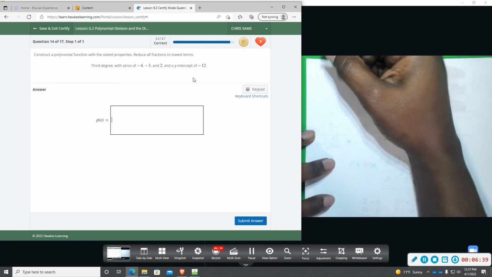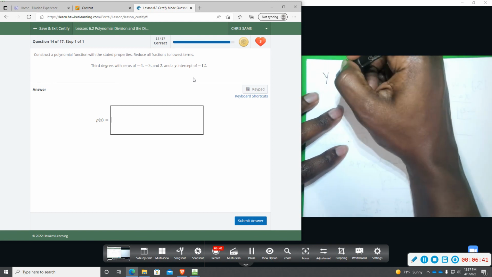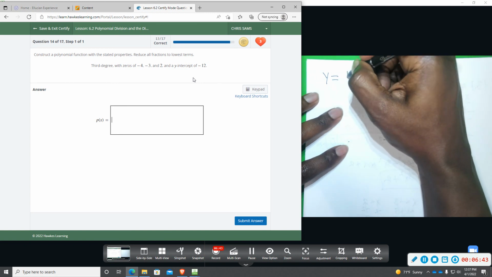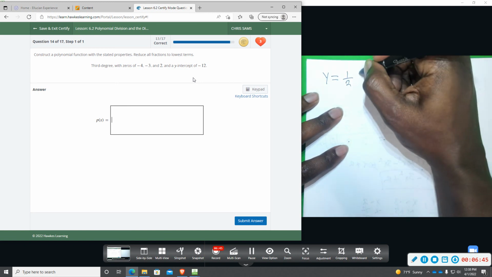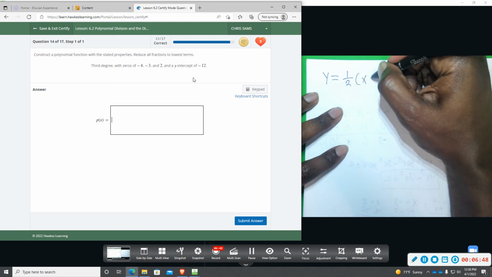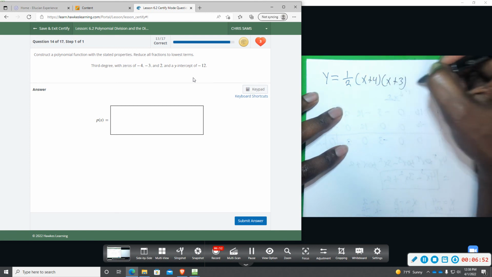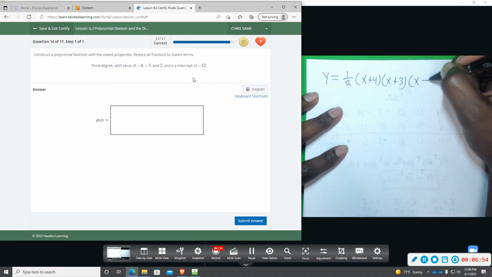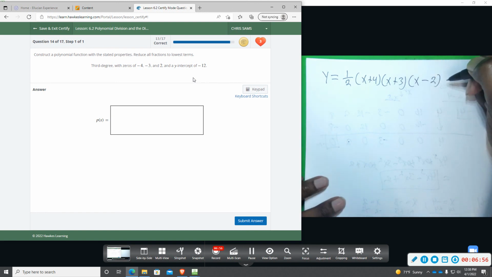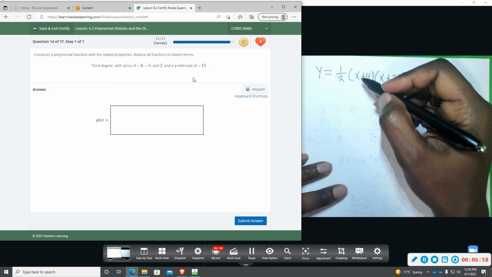So continuing, y equals 1/2, because that's what we got for a. And then we had x plus 4, x plus 3, and x minus 2. All right, so now we're going to distribute.